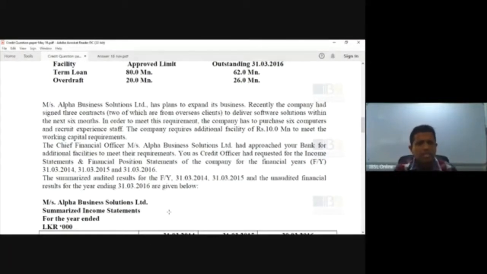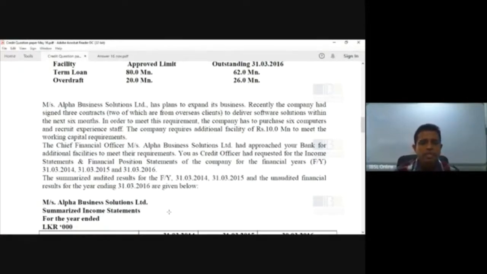The Chief Financial Officer, MS Alpha Solutions, had approached your bank for additional facilities to meet their requirement. You as the credit officer had requested the income statement and financial position statement of the company for the years ending 31/3/2014, 2015 and 2016.